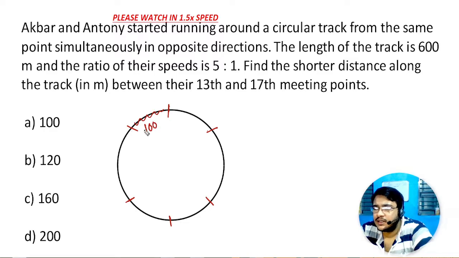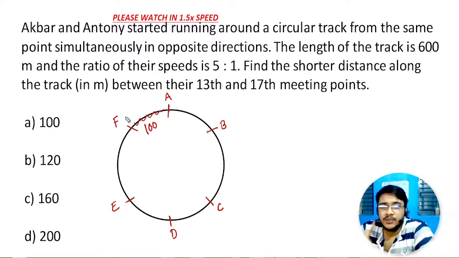We can name them also, so let me start by naming them A, B, C, D, E and F. Please be consistent: either go clockwise or counterclockwise, that is your choice, but you cannot go from one way to the other. Just mention that AF is equal to AB is equal to BC, and so on.